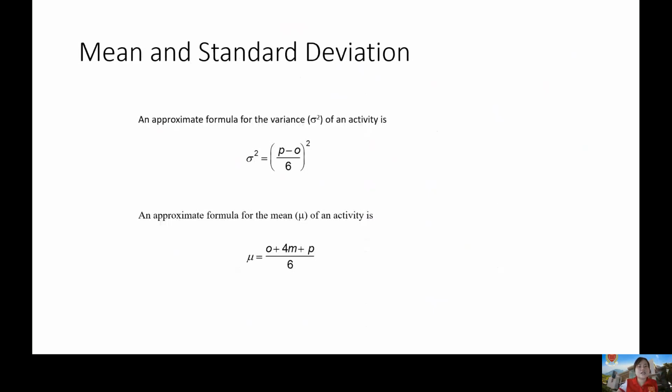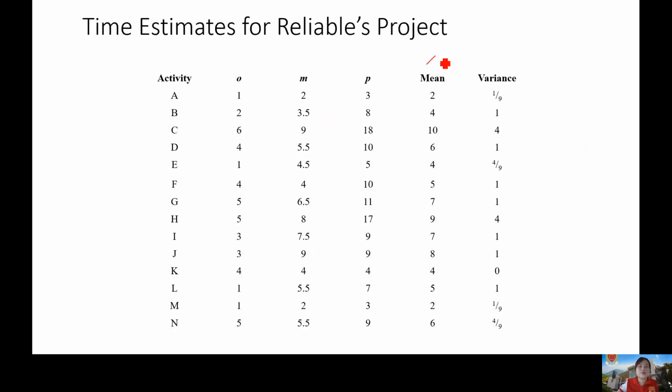Say, for example, kay activity A, mean is O plus 4M plus P over 6. O ay 1 plus 4 times 2 plus 3 over 6. Okay. So, constant naman po yung 6. So, 1 plus 8 plus 3 over 6. Kaya lumabas yung 2. Okay?